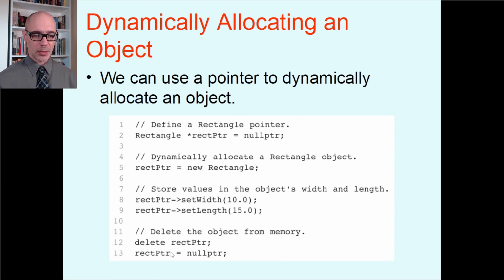And remember, we'll probably say this a couple times, when you create a new rectangle on line 5, that calls the constructor. Of course, don't forget about that. And when you delete it and throw it away, that calls the destructor in the object automatically. So you might be dynamically allocating an object, like maybe the contact info object that we've seen before.